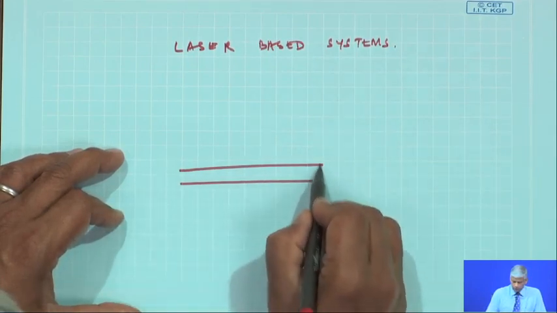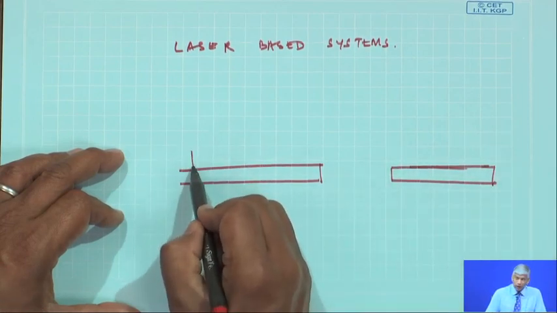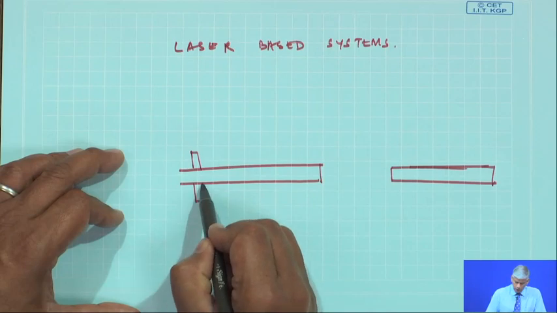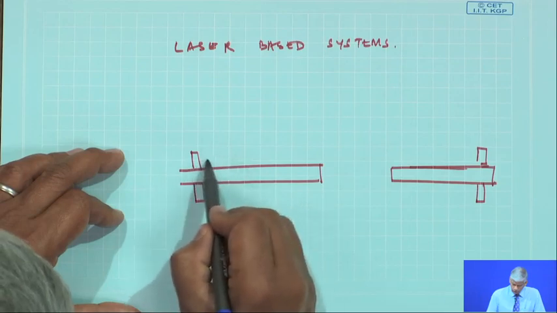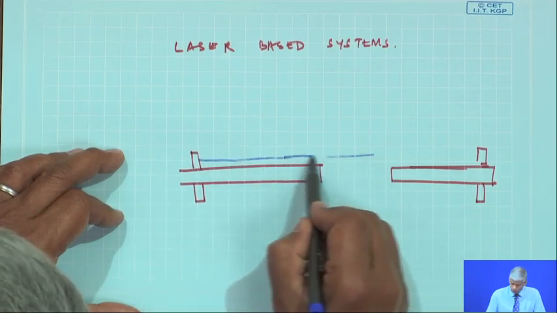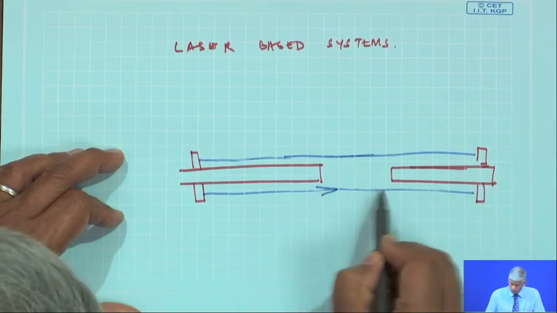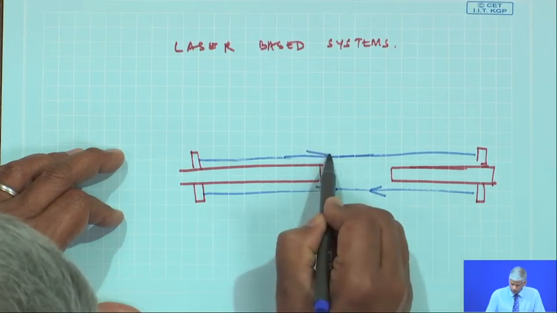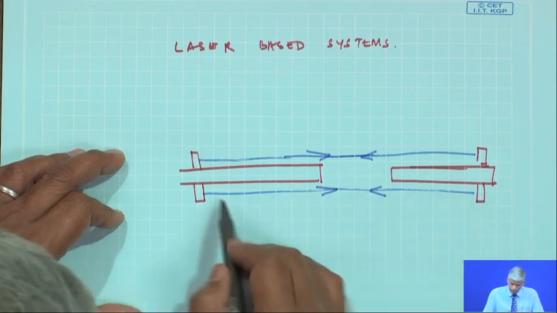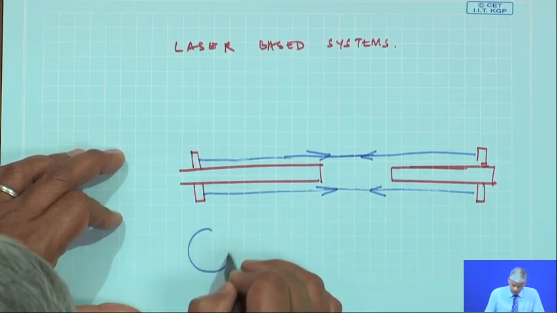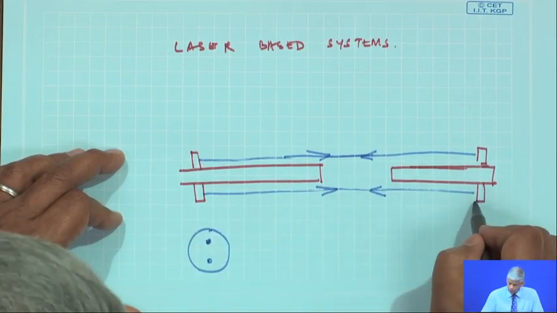Suppose this is a shaft and there is another shaft. If I am shooting a laser beam, and they are aligned, the laser beam goes out like this and comes out this way. If you look at the mirror here, there will be two dots, and there they have put a reflective mirror.